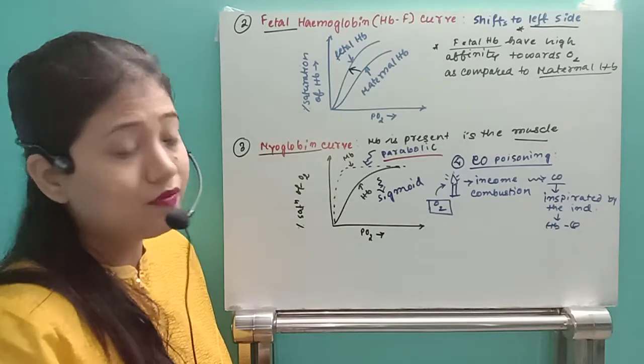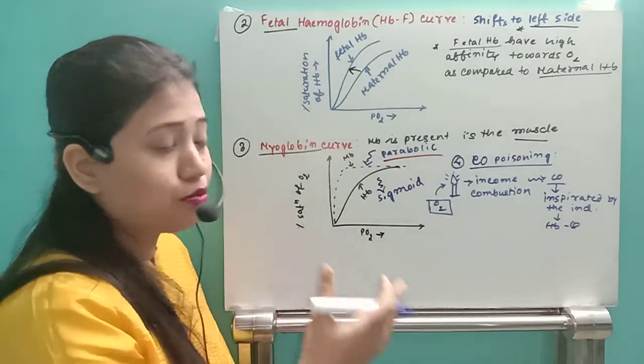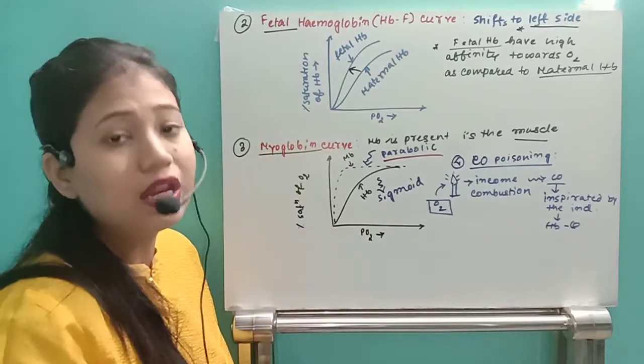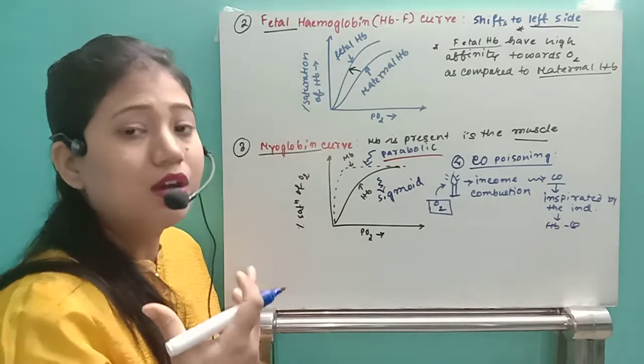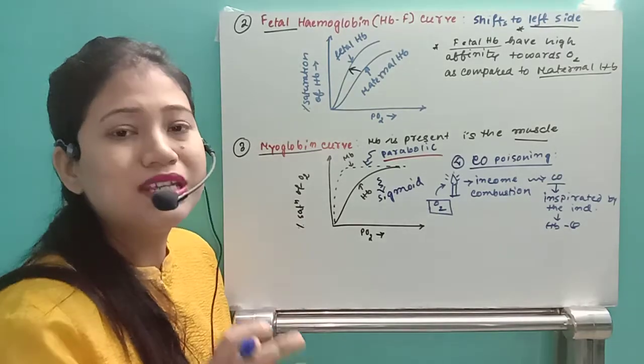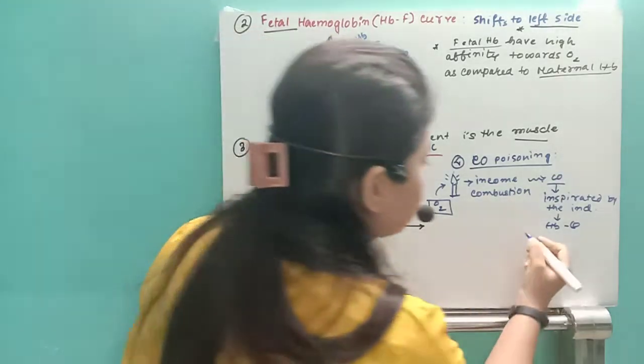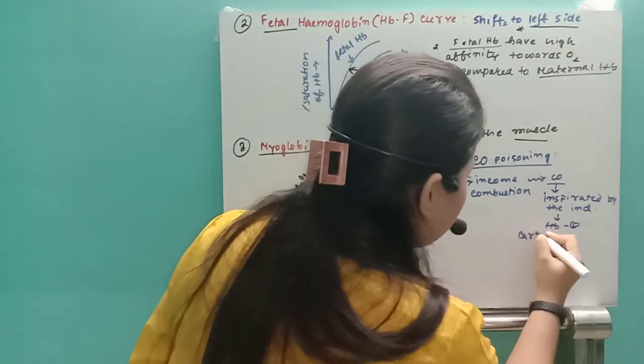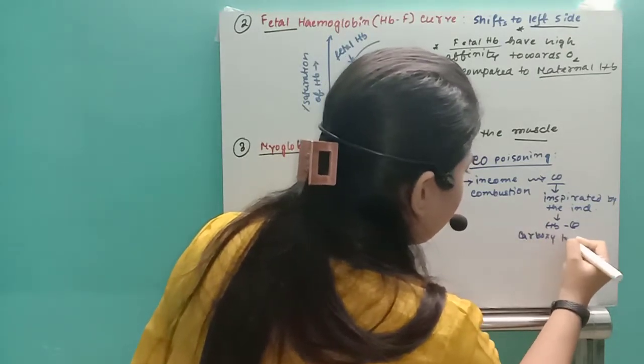So here the problem appears: whenever this carbon monoxide binds with the hemoglobin, it produces a relatively stable compound. What is that? That is carboxyhemoglobin.